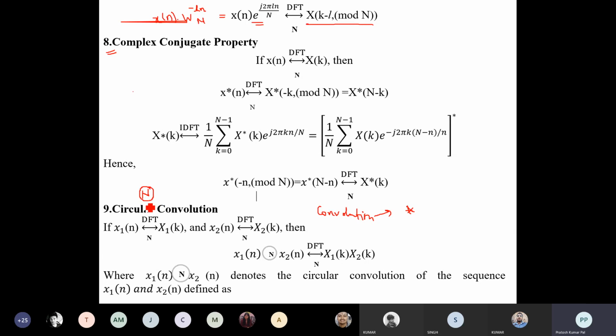So if n points are there, the n-point circular convolution is represented by a circle with n written in it.